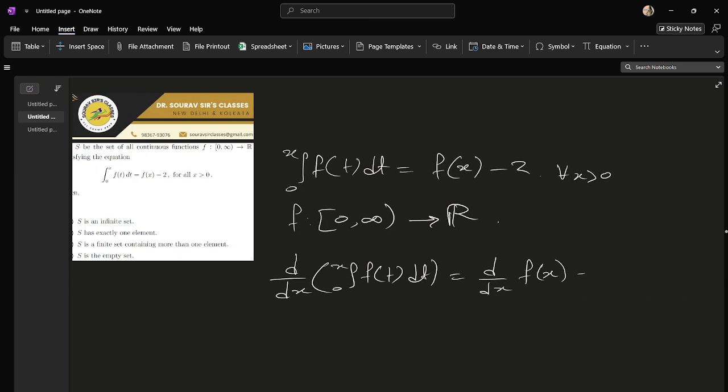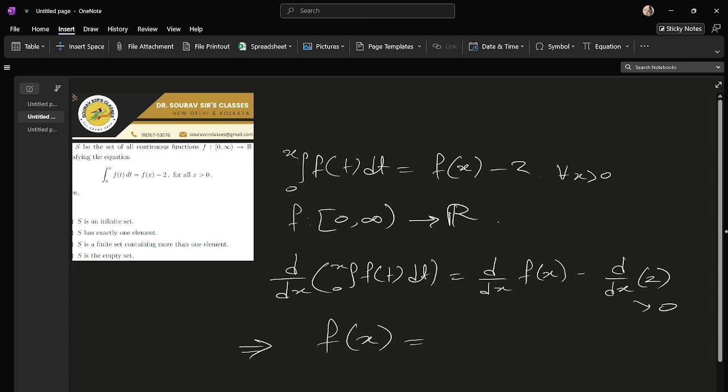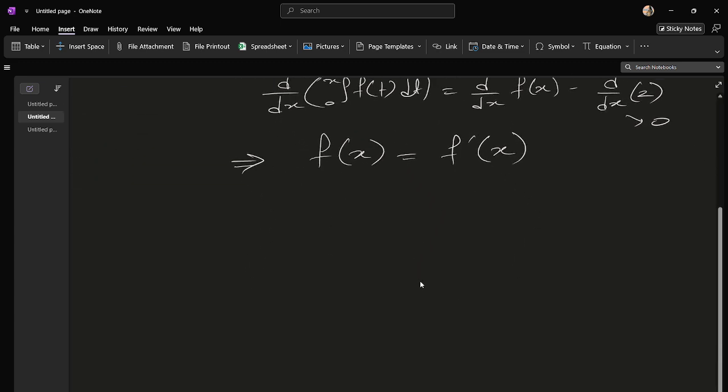The derivative of 2 is 0, so that is not a factor here. We get f(x) equals f dash x. So we have got this.